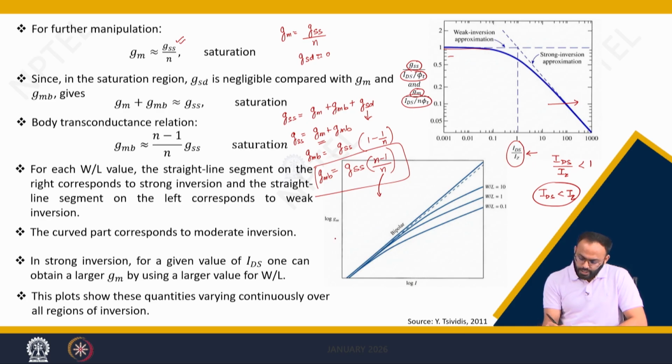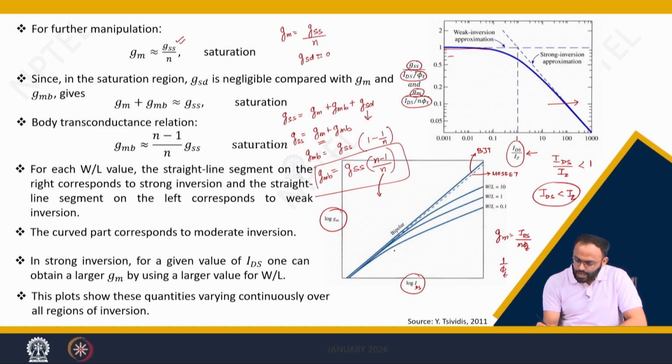Further, we plotted log GM with respect to log IDS. As we have discussed, GM is nothing but IDS divided by N times phi t, where 1 over phi t is the Boltzmann limit, and the MOSFET GM is always less than the BJT. So this dotted line shows the MOSFET and this shows the BJT.